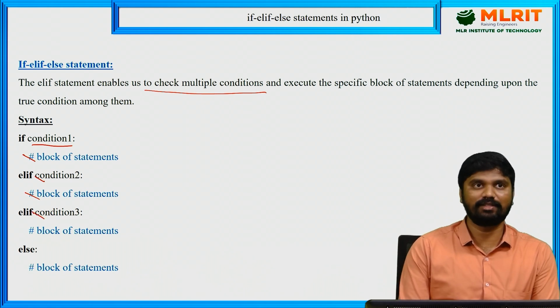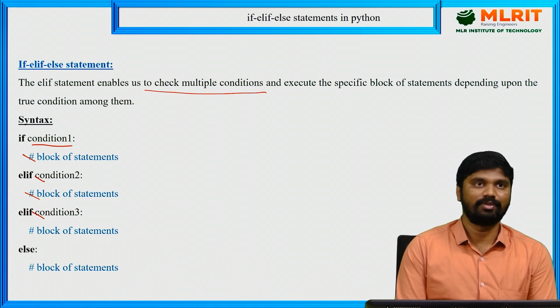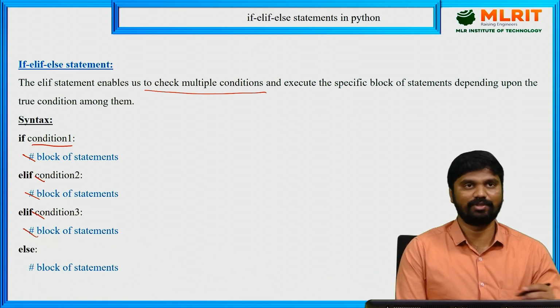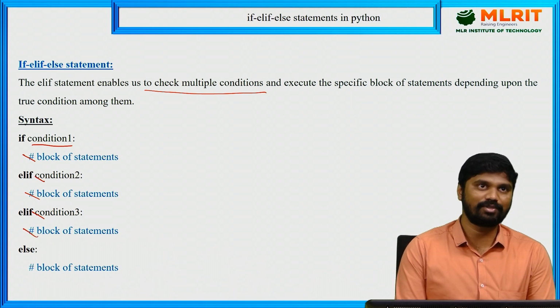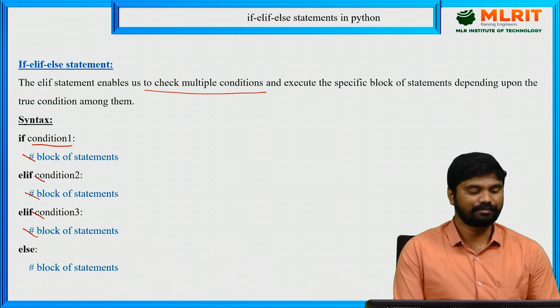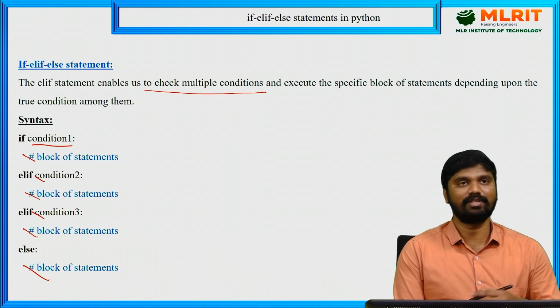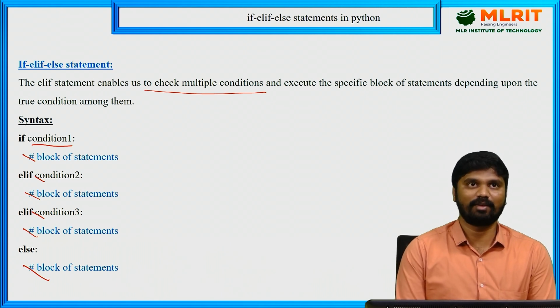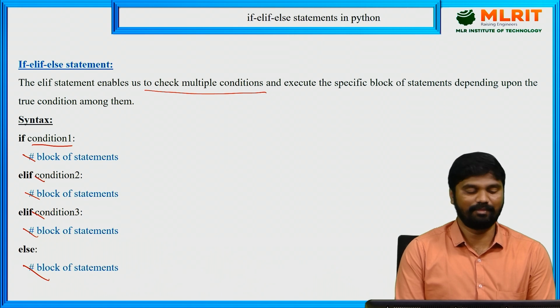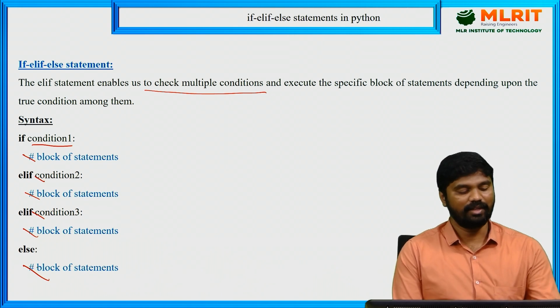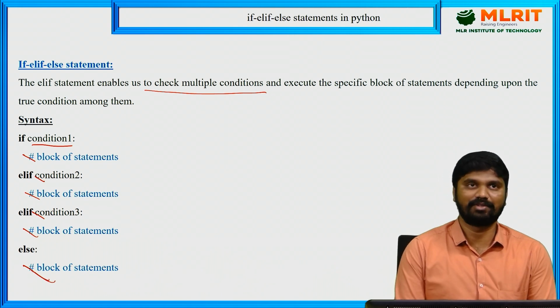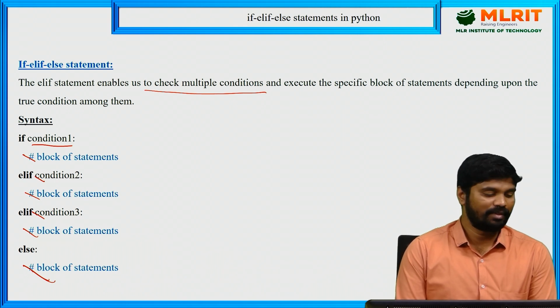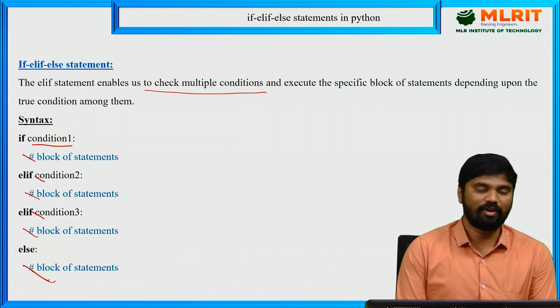If condition 3 is true, its statements are executed. If condition 3 also becomes false, the flow enters the else block and executes its statements. That means if none of the conditions becomes true, the else block will be executed. This is the working or flow of execution of the if-elif-else statement.